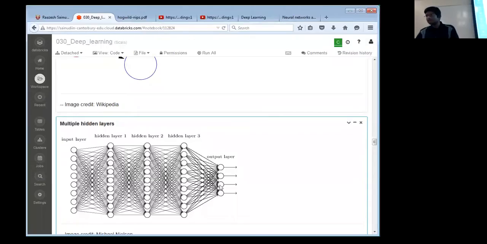The output layer will be the number of categories or classes of outputs that you want. In handwritten digit recognition, the output would be 10 because you want to recognize numbers from 0 through 9. The input, for an image size of, let's say, 28 by 28, will be 28 into 28 input nodes. And how many nodes do we want to keep in the hidden layer? This is again a hyperparameter tuning step.